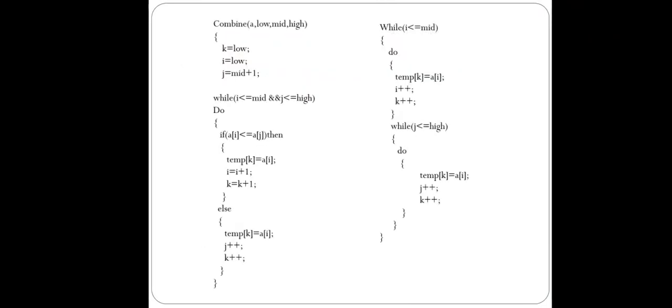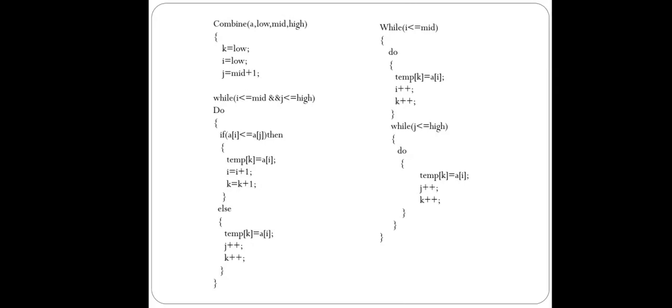So here is the algorithm for combining elements. We are taking another array, that is the auxiliary array. So we have taken a pointer k for the auxiliary array and assigned it to low, that is index 0, and from our original array we have divided the sub problems.